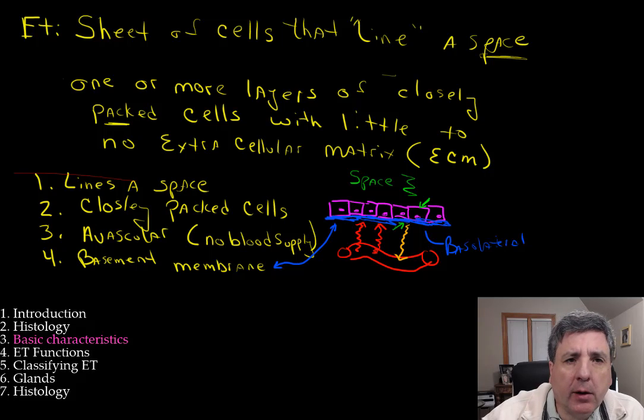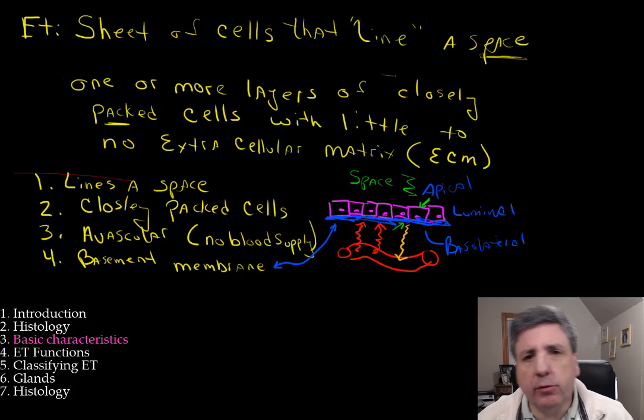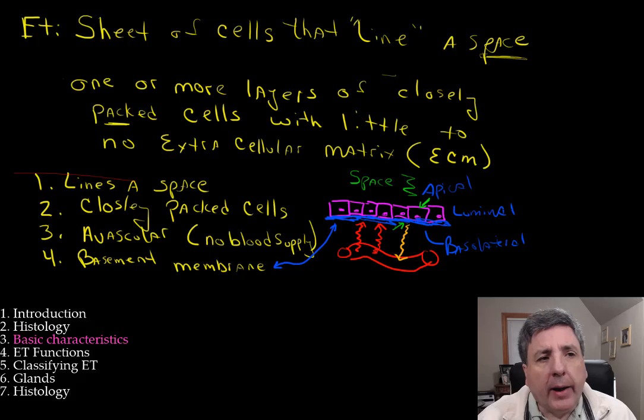This side of the epithelial cell is actually called the apical surface. Another word for that would also be luminal, L-U-M-I-N-A-L, I believe. Luminal. So those are the different surfaces that we have.